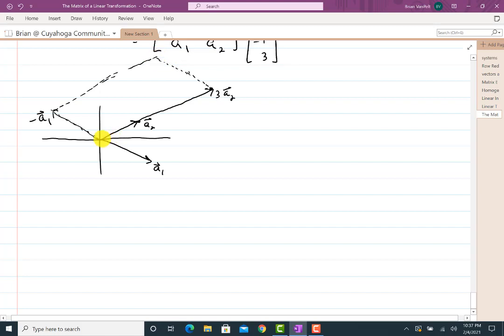And then our answer is this one here. Hopefully you can use your imagination and think that that's actually touching the corner of that parallelogram. But that is the sum of those two vectors, -A1 plus 3A2. Once again, the whole idea is if you know what happens to the basis vectors, you know what happens to anything.